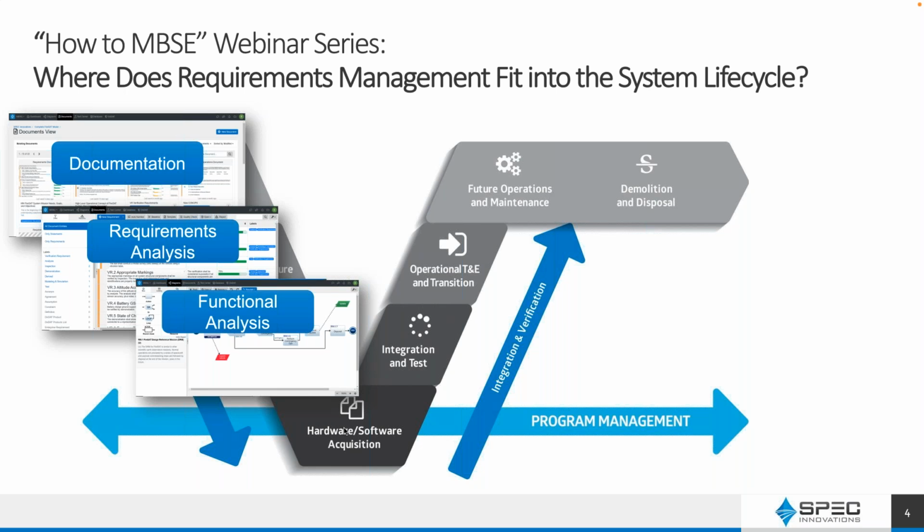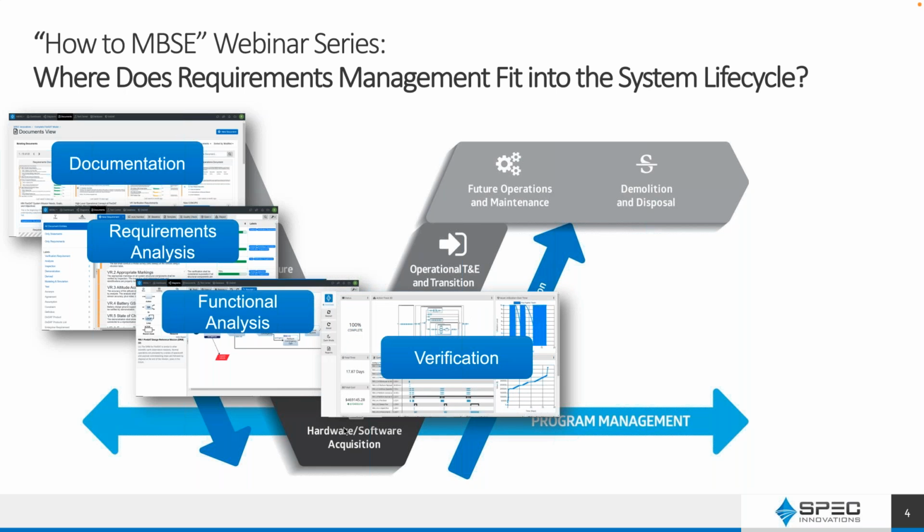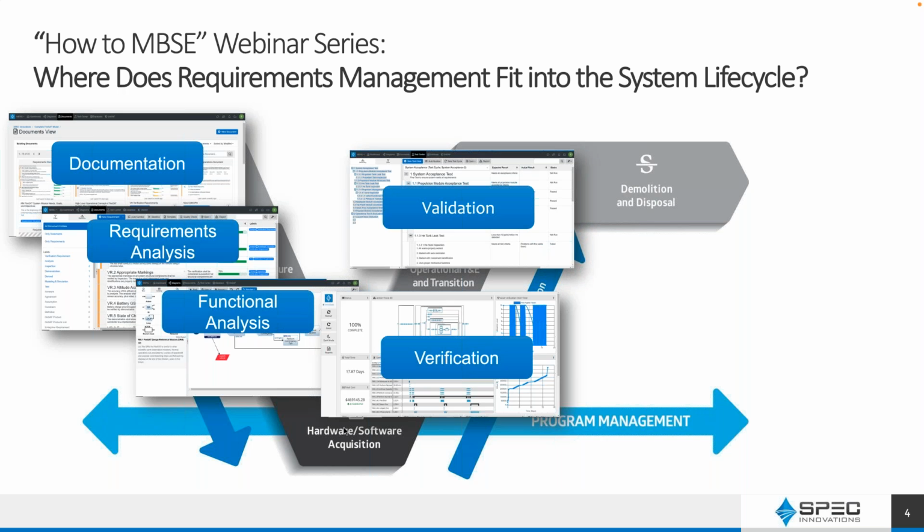And then of course we're going to verify those requirements that are at the design level of verification, and validate the operational level requirements as we do that part of the test and evaluation process. As you see, requirements are part of all of this. It's not like they're separate.